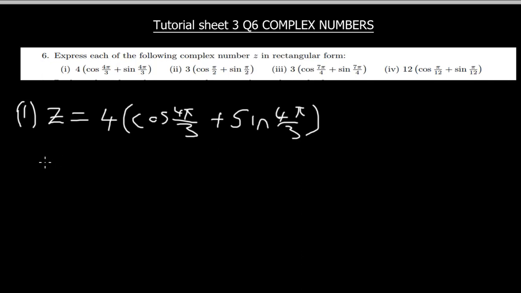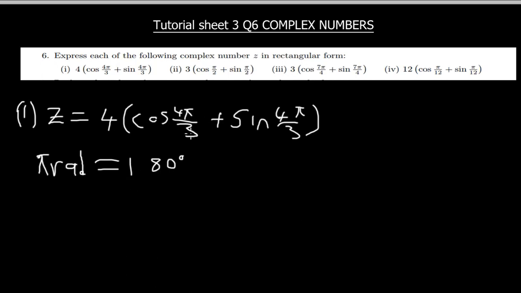I know that pi in radians is equivalent to 180 in degrees.